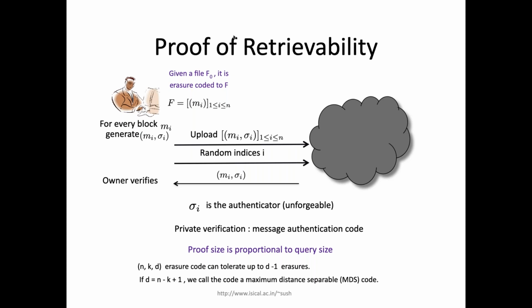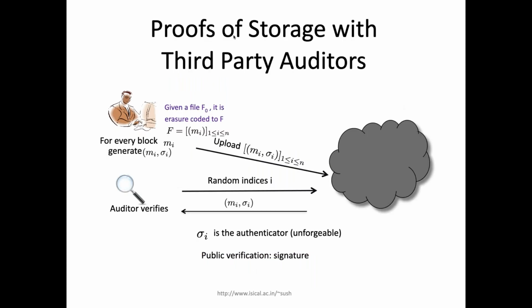The size of the query is of the order of n as well. Now, you could possibly delegate this auditing task to a third party, but you need to ensure that the third party auditor does not get the original message, because that would mean you are leaking some information to the auditor.